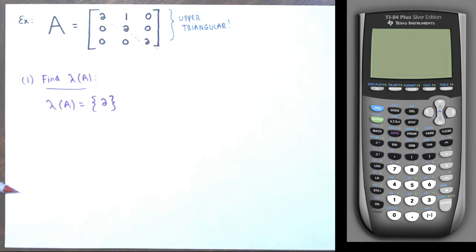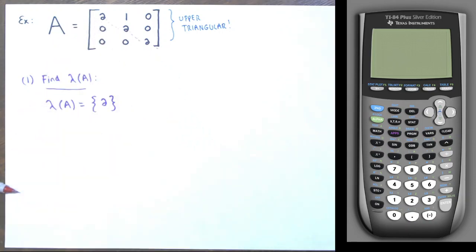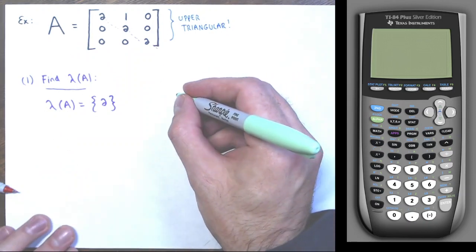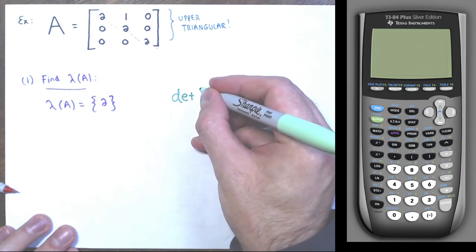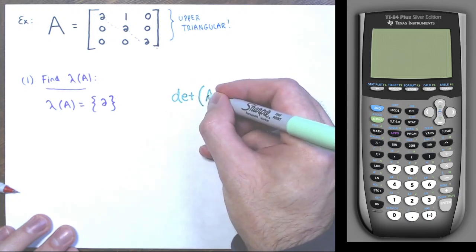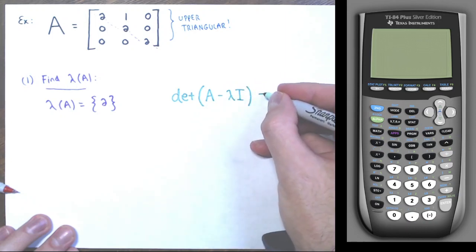Now, if I want to state the algebraic multiplicity of 2, you can probably guess that it is 3 because I'm seeing three 2's here. But let's actually write out that characteristic equation again. I'm trying to solve the determinant of A minus lambda I equal to 0.